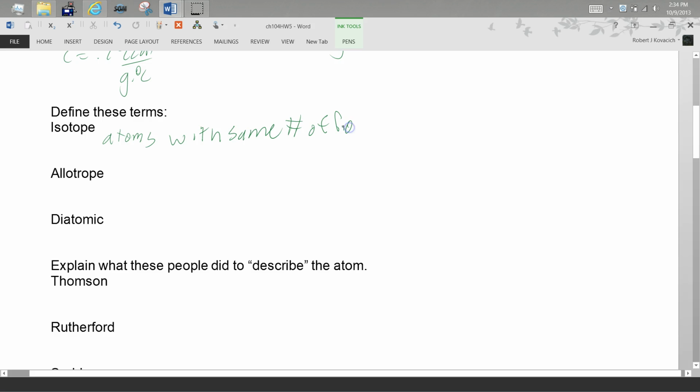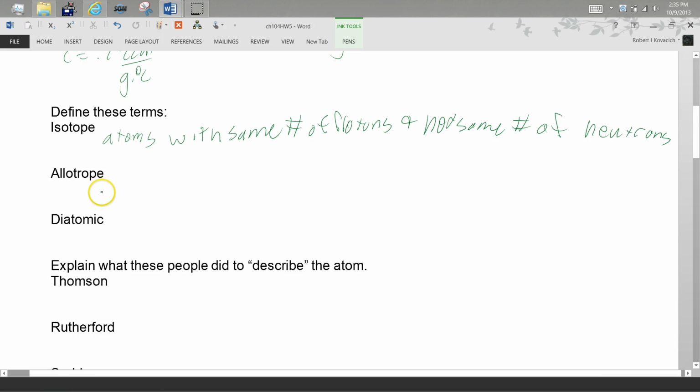Protons. And not the same number of what? Neutrons. So it's the exact same element, it just has a different mass because the number of neutrons is different.